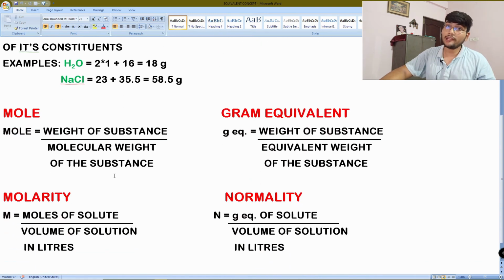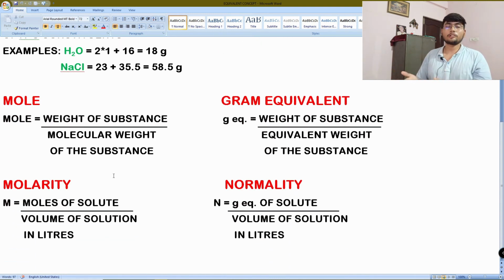Now let us see molarity and normality. What is molarity? Moles of solute divided by volume of solution in liters. Now what is normality? Gram equivalent of solute divided by volume of solution in liters. You can see how the terms interchange.